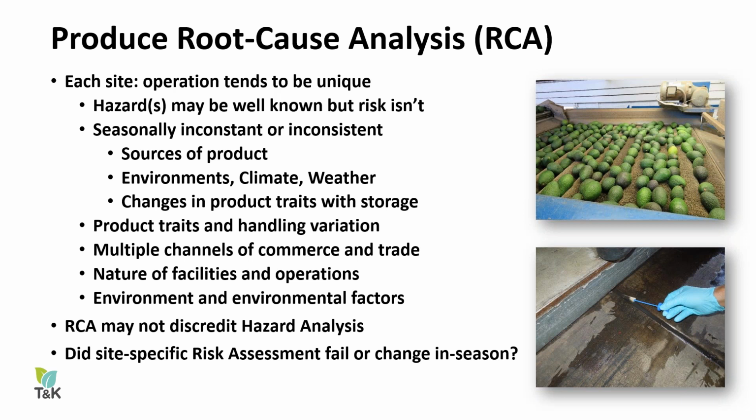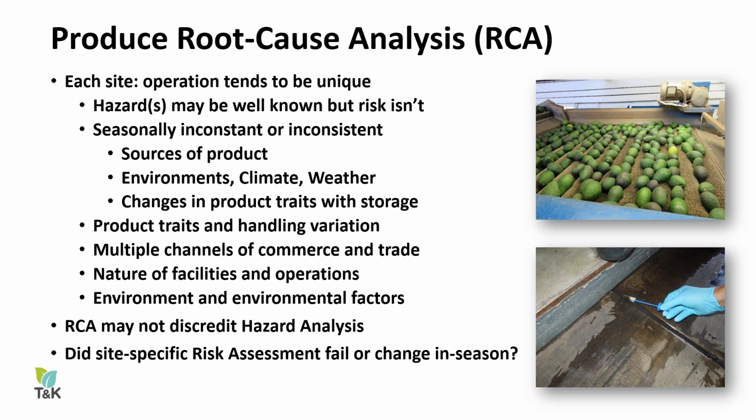And you have product traits, as I said, and handling variation, even within a single product type, depending on where it's going, what it's going to be used for, what channels or buyer expectations there may be, and what kind of consumer packs may be involved. Multiple things are going on, all with this perishable and changing fresh produce.